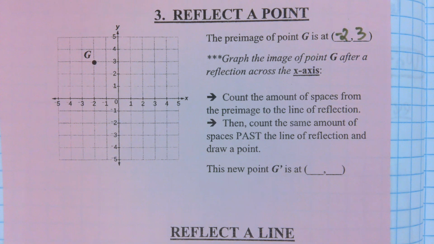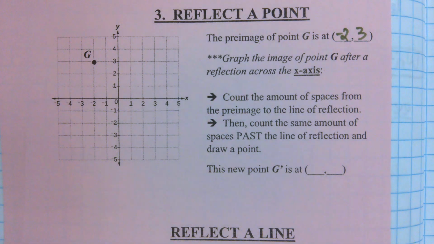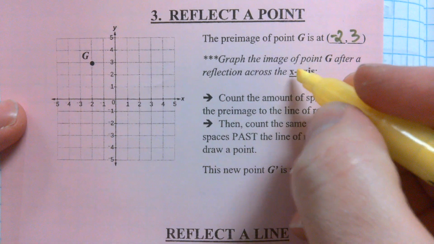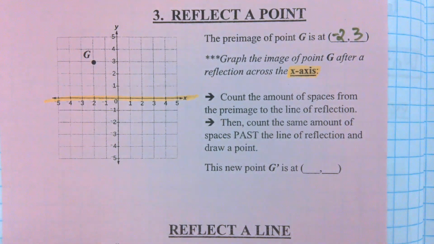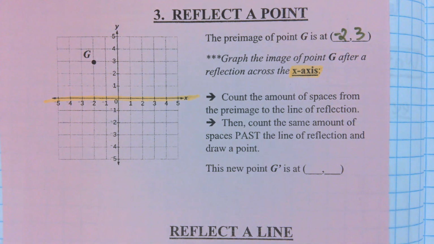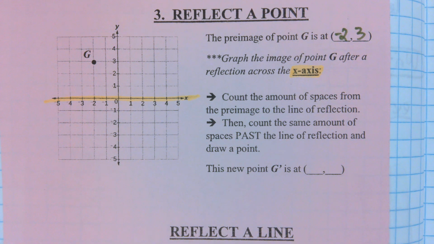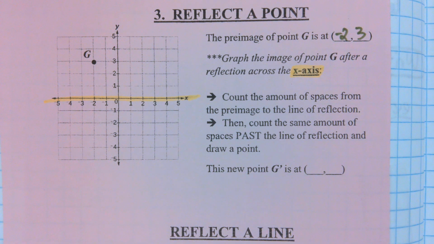So what I want you guys to do, I forgot about this. Let me pass out some highlighters. I want you to take a moment once you get your highlighter and highlight the x-axis, just like that. You can put them back in your supply box once we're done with notes so that the next class period has them.